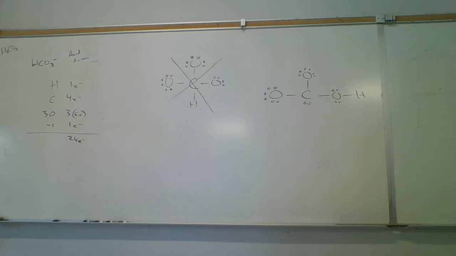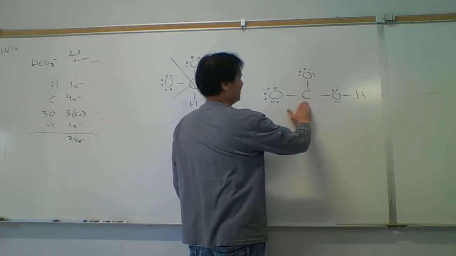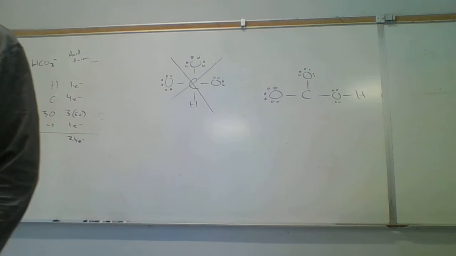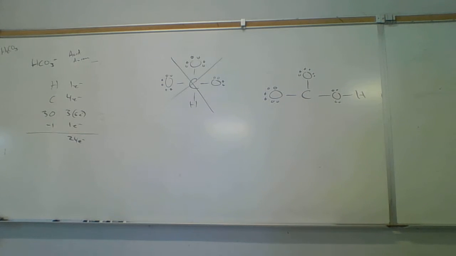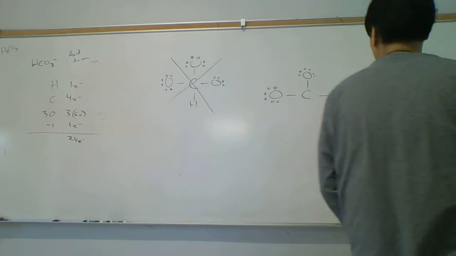Would it be easier to pull 2 electrons off carbon, or off oxygen? Carbon. Why carbon? It's easier to pull them off carbon because carbon is less electronegative. Carbon's a bigger atom, oxygen's a smaller atom. Carbon's easier.